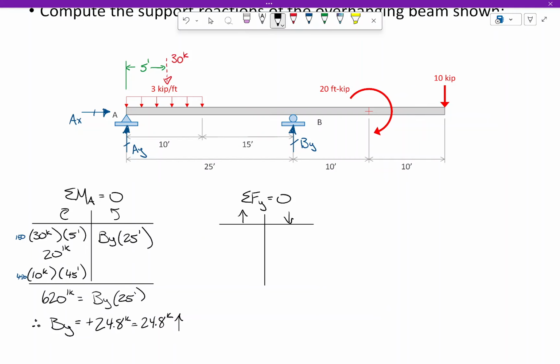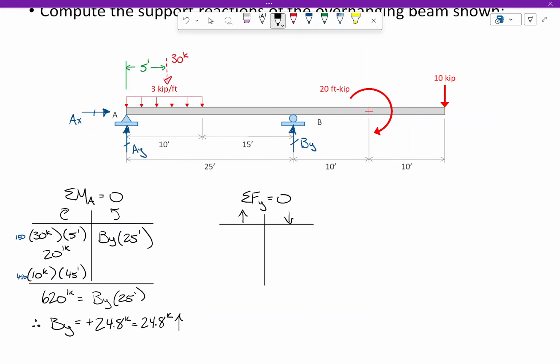So, and I'm being methodical here, probably more than I've been in the last lecture, because, again, I'm trying to make a point. Do I consider AX? Why don't I consider AX here? Because it's not in the y direction. Because it's not a force in the y direction, it's a force in the x direction.